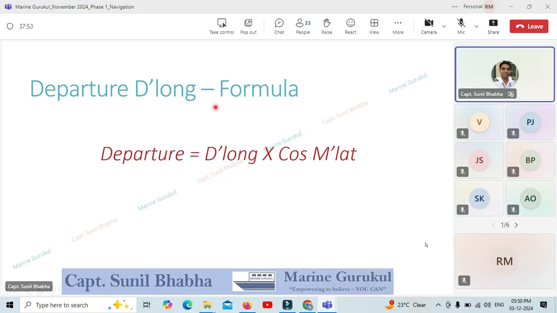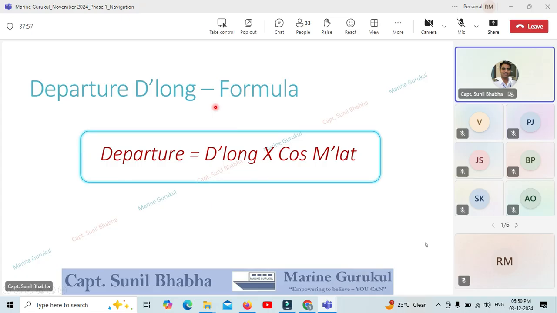Now, if we have only one scale on our plot, then you have to measure all the distances, whether they are in the north-south orientation or the east-west orientation, on the latitude scale itself. The north-south distance measured along the latitude scale is the DLAT, but the east-west distance measured along the latitude scale is the departure.